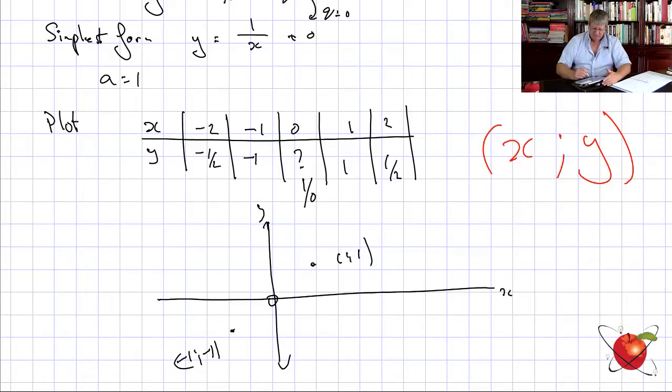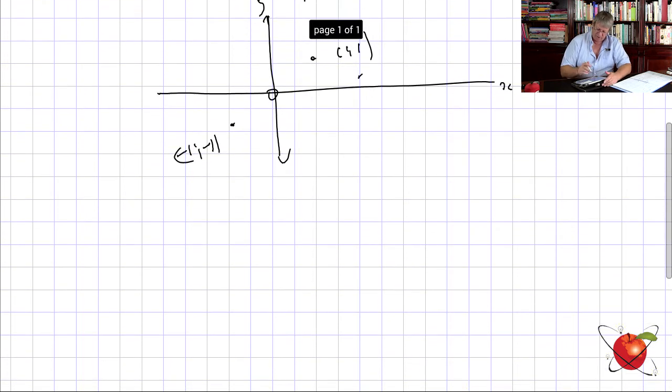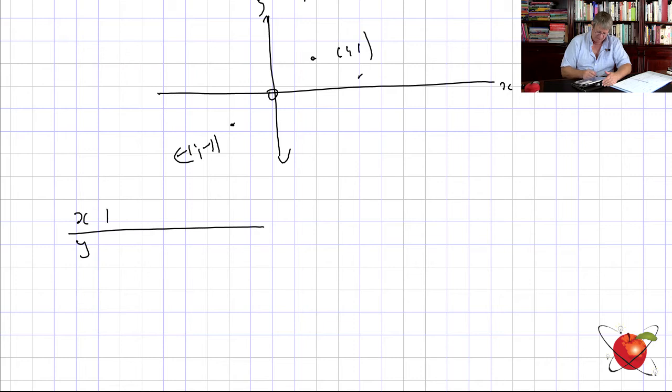So already we've got a bit of a misnomer here, because this graph is not a straight line. As we go up and plot further, we see that 2 gives a half. Let's have a look at what happens if we plot fractions. X input, y output. Let's have a look at a half, a quarter, an eighth, and a 100th.